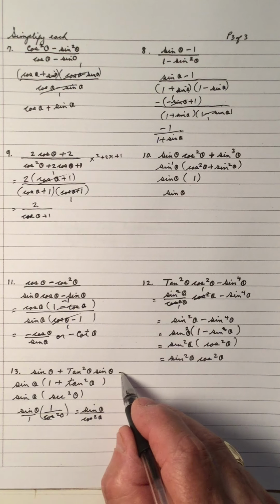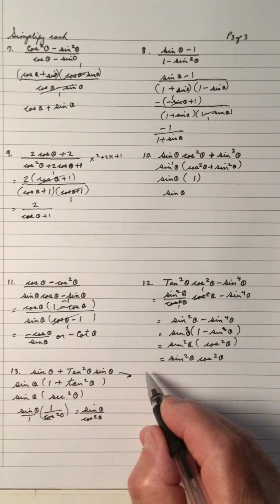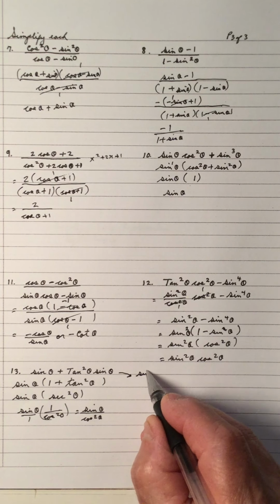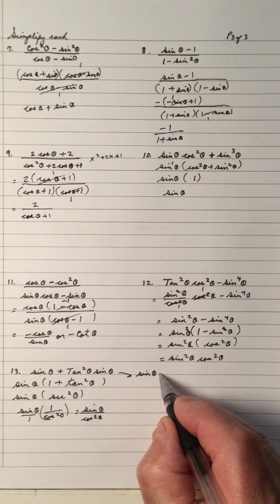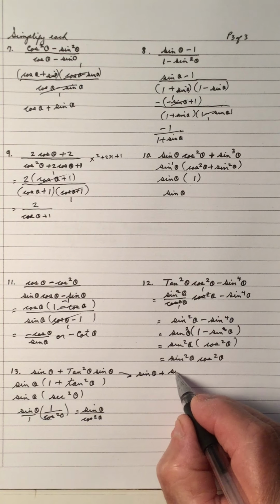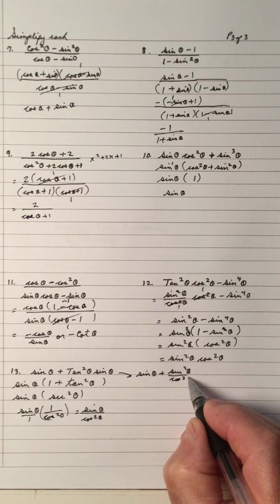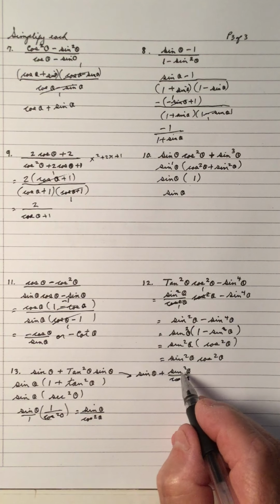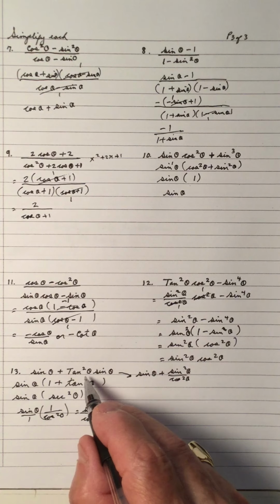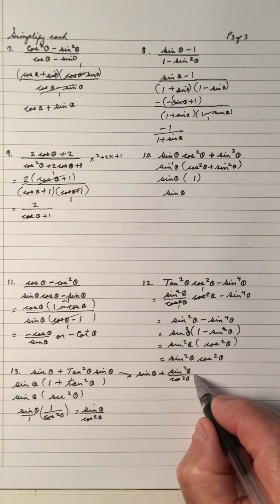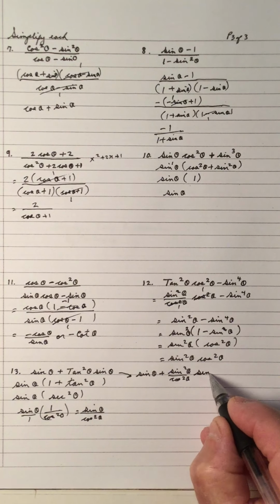I could also change the tan. So how about if somebody says, well, what's tan? Tan is sine over cos. So tan squared is sine squared over cos squared times sine.